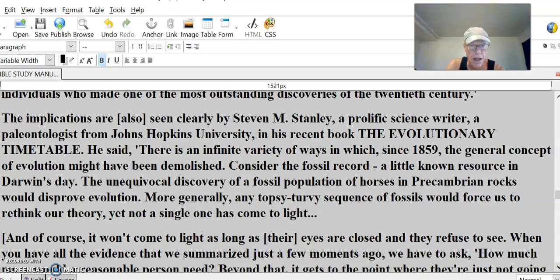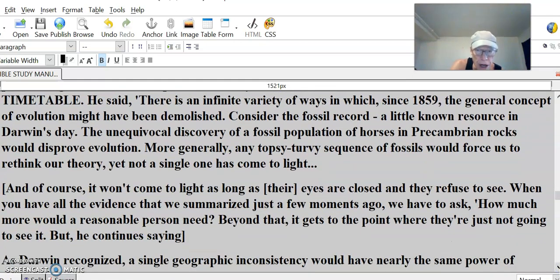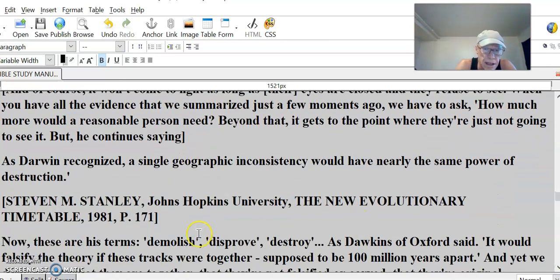And of course, it won't come to light as long as their eyes are closed and they refuse to see. When you have all the evidence that we summarized a few moments ago, we have to ask, how much more would a reasonable person need? Beyond that, they're just not going to see it. But he continues, saying, as Darwin recognized, a single geographic inconsistency would have nearly the same power of destruction. Stephen M. Stanley, Johns Hopkins University, The New Evolutionary Timetable.